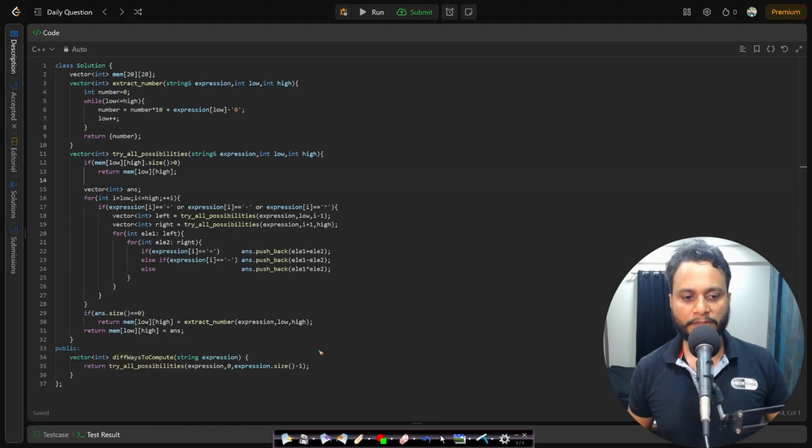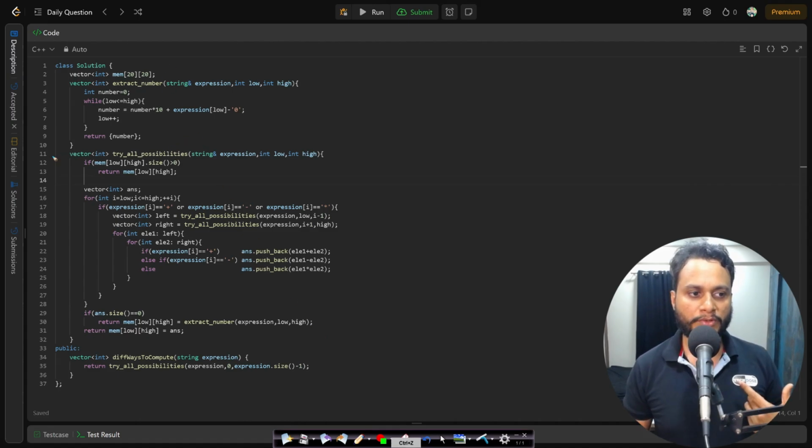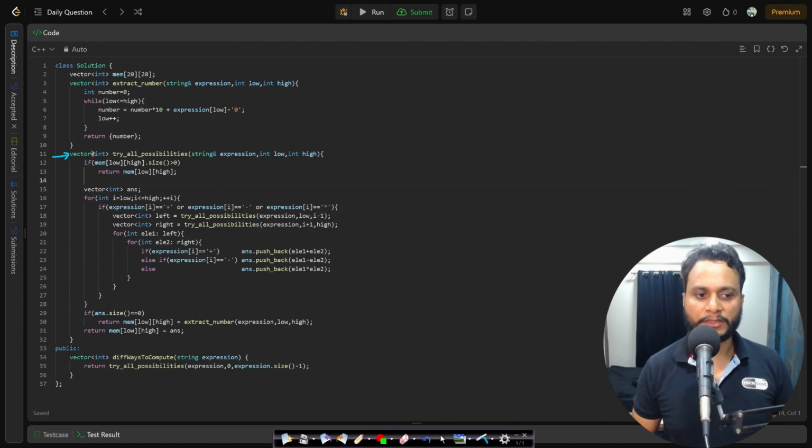In this code, this is the main function where the initial call was being made. The expression was given, and here I have defined a low value which is 0 and a high value which is n minus 1. And then I am making a call to try all possibilities. This is the all possibilities function, a recursive function, and given an expression, at every operator I will try to divide it at that point or not divide at that point.